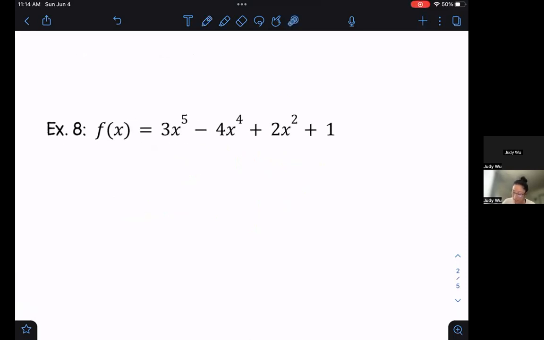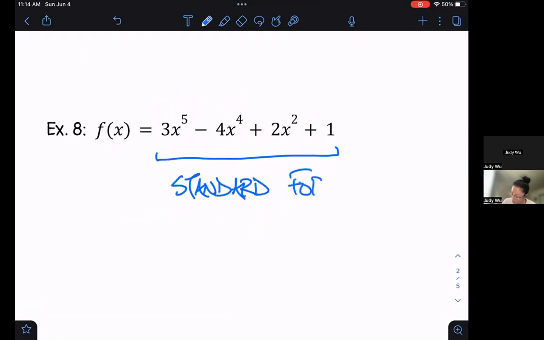And let's see, is it already in powers from highest to lowest? I see a 5, 4, 2, perfect. This is already in standard form. All right, so now that just means we find our degree, and our leading coefficient should be from the very first term.